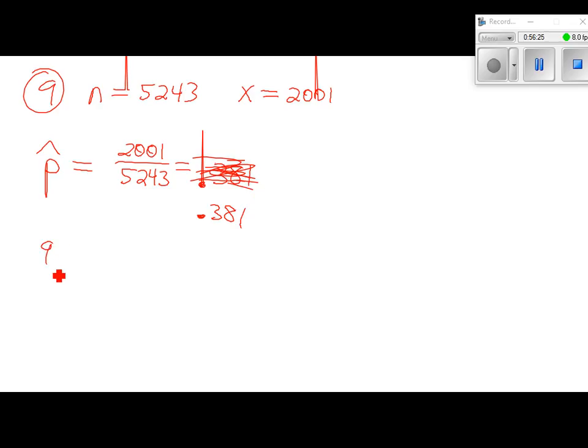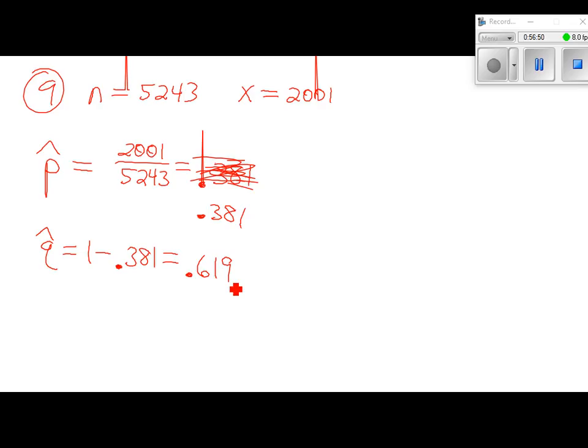How do I find Q hat then? 1 minus that. 1 minus 0.381. What's that give us? That's all you had to do on those two.